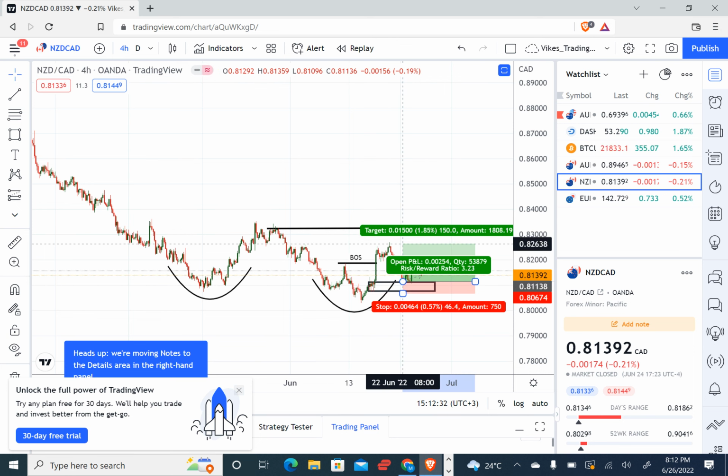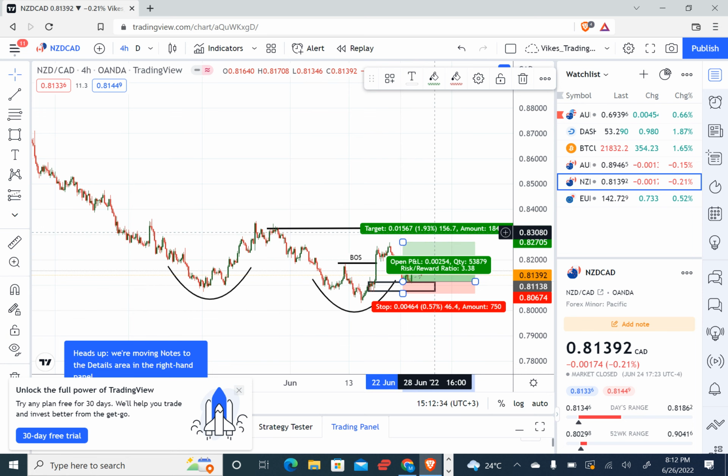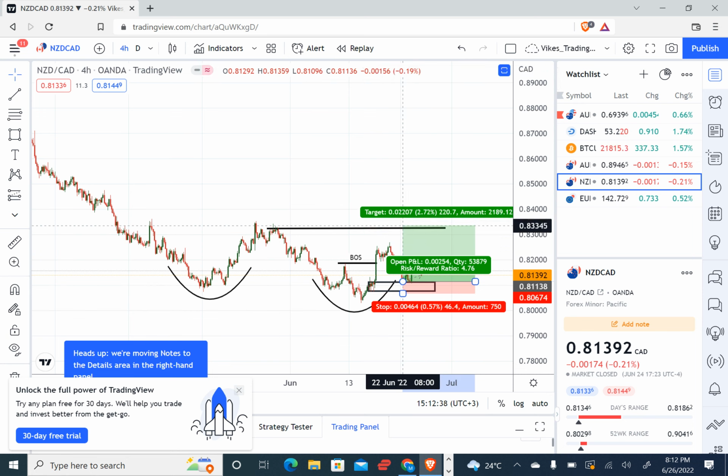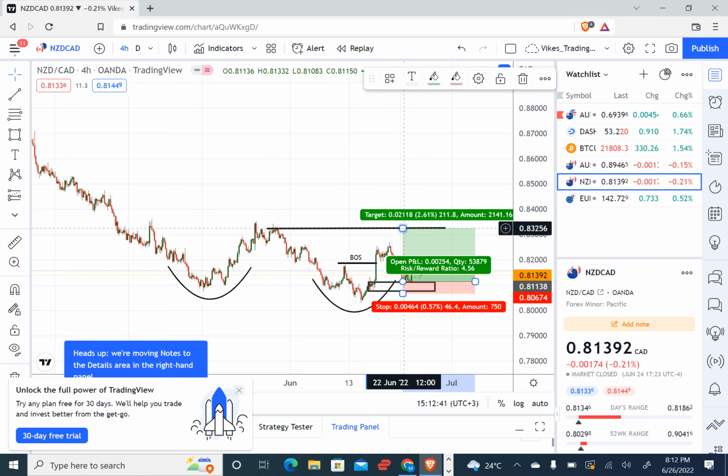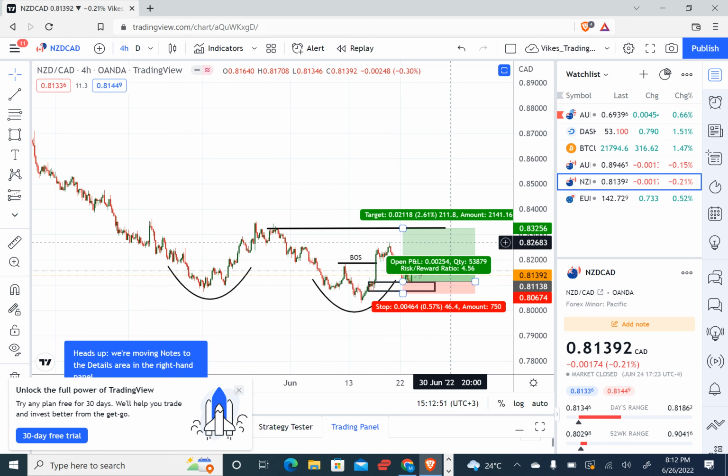Obviously, the first target will be the recent high, which will give us a 1:3 risk reward. The second one is our main target, which is 83 to 50, which will give us a 1:4.56 risk to reward. So that is one of our trades that we are already in.